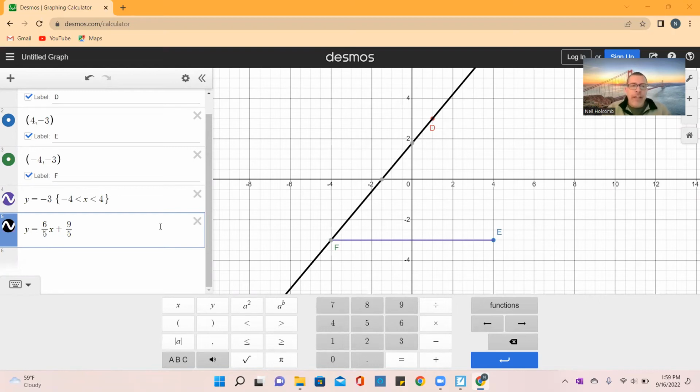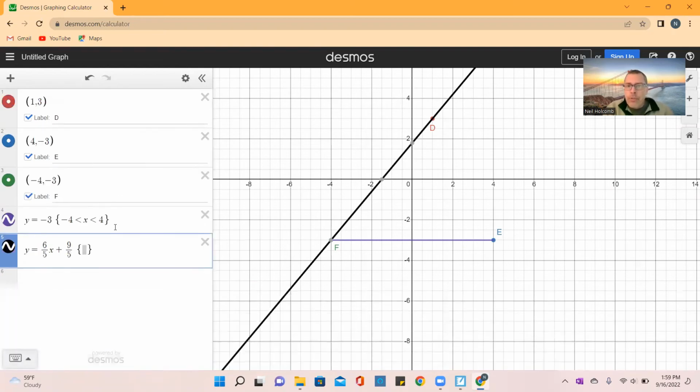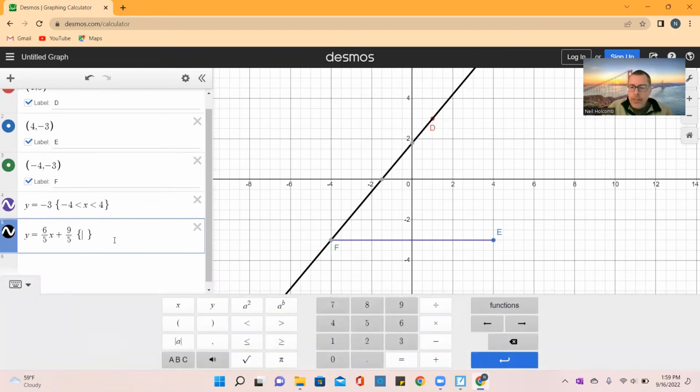It goes through F and D, and now I want to restrict the domain. So I'm going to do bracket, and I want my x to go from -4 to 1. So I'm going to put -4 here, -4 less than x less than 1. And there is my line segment going from F to D.